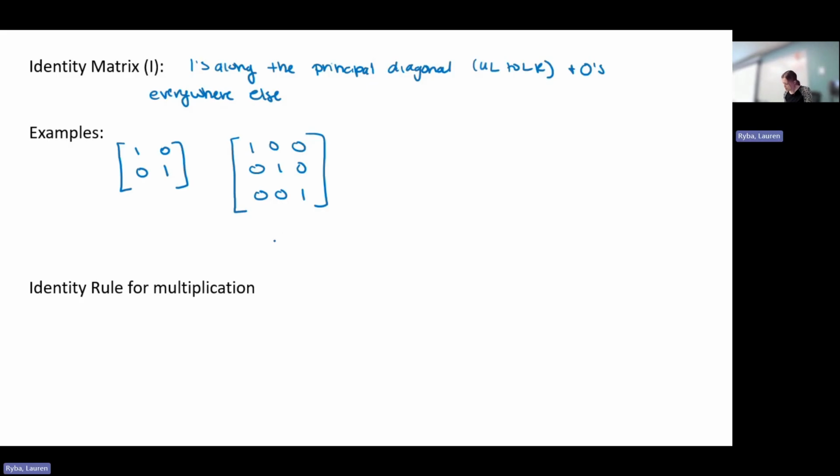Okay, so when we have a square matrix, we can multiply by the identity.